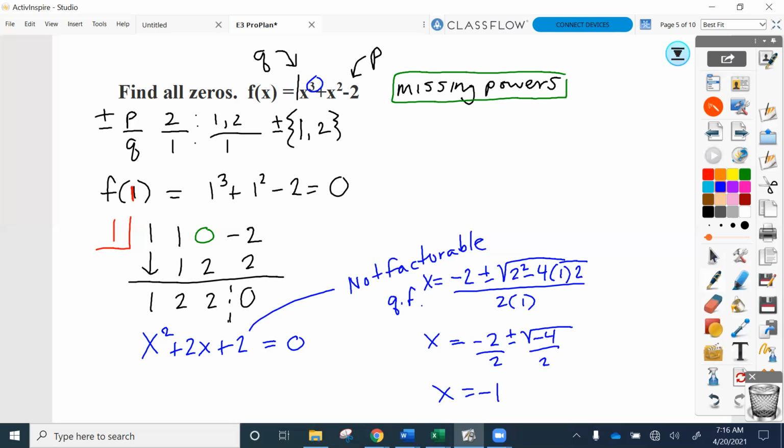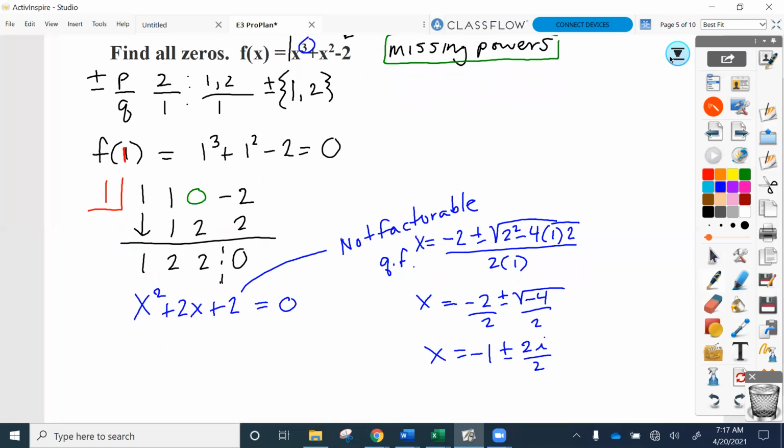So this would be -1 plus or minus the square root of -4, which is 2i, over 2. So you get -1, these cancel out, plus or minus i.